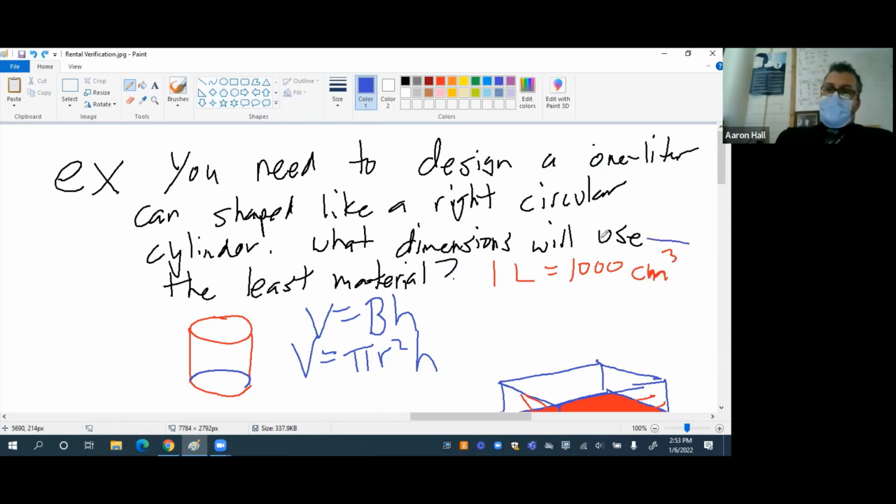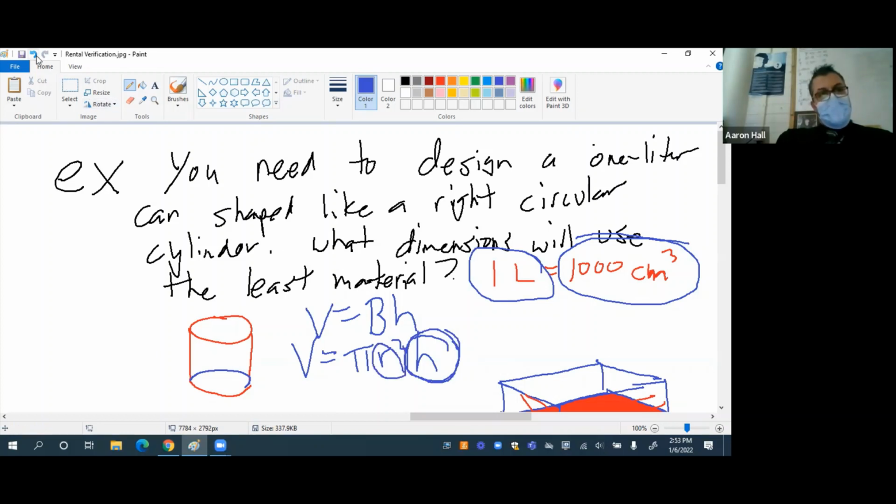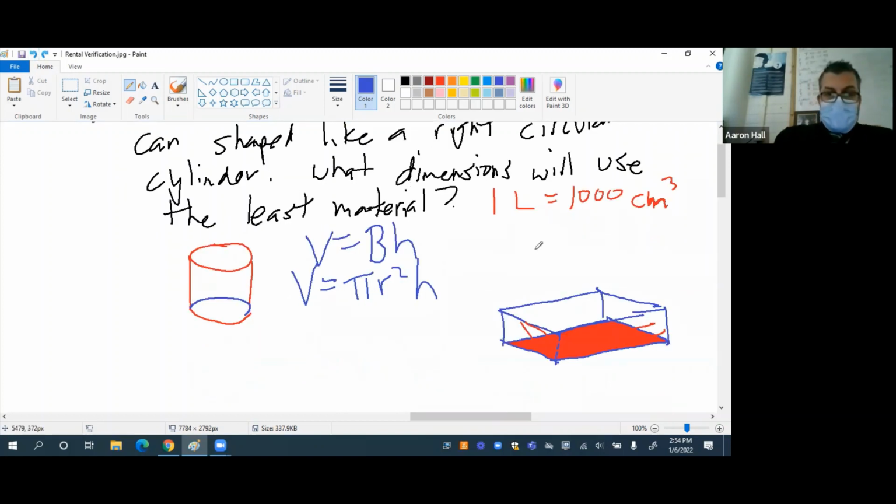And the reason I want to use 1,000 centimeters cubed instead of liters is because what are h and r measured in? Centimeters, not liters. So we're going to use that conversion: 1,000 equals pi r squared times the height.